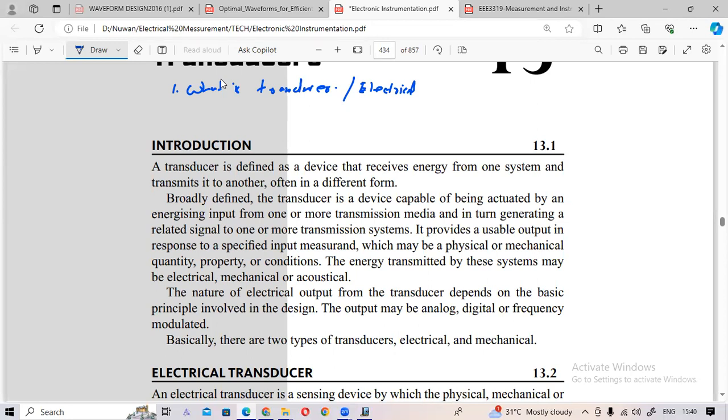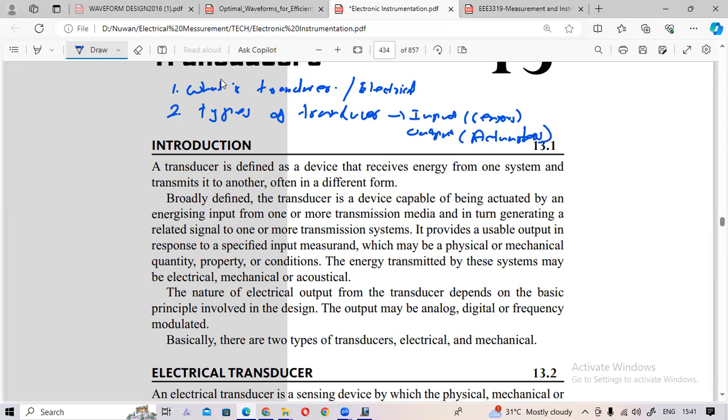What is this? Okay. Then the types of transducers. Types of transducers. You can note down this one also. Input, output. This we call sensors. This we call actuators.